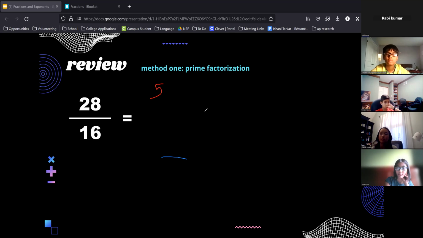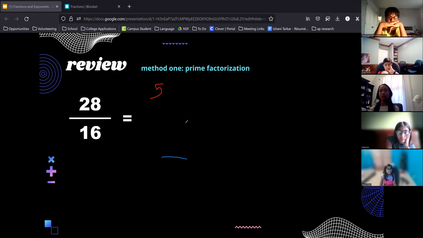And 4 won't divide it since 4 times 1 is 4, 4 times 2 is 8, and 5 is neither of those. 5 is the only other factor of this. So that would mean that 5 is a prime number.